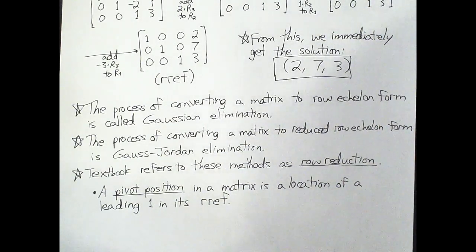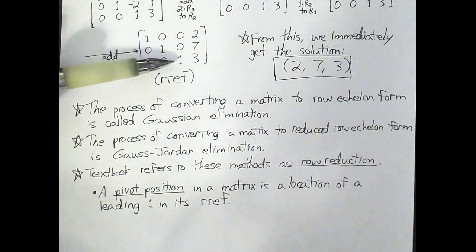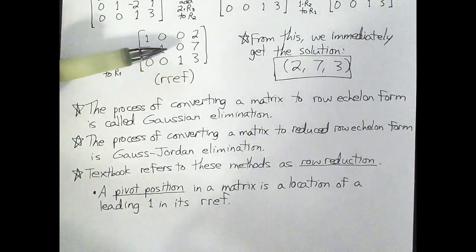So if you're looking at a matrix that's already in reduced row echelon form, it's the ones. We still have this on the screen, so I'll just point to it. We have a pivot position here, another pivot position here, and a pivot position here in the third column, third row. So this has 3 pivot positions.